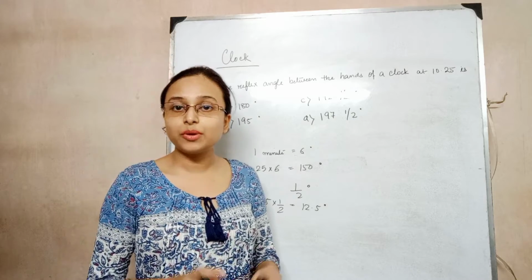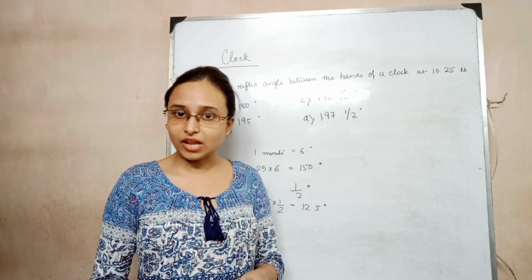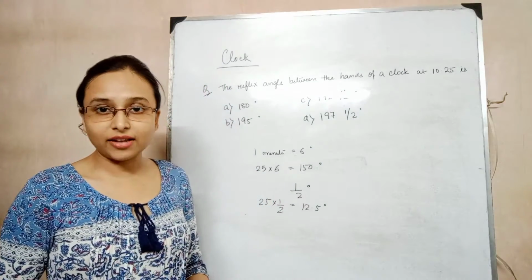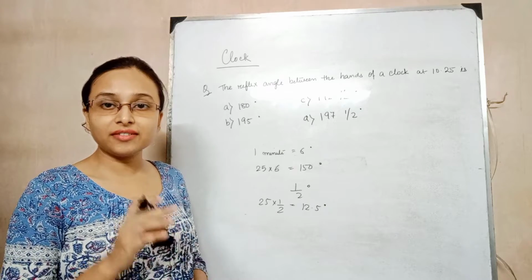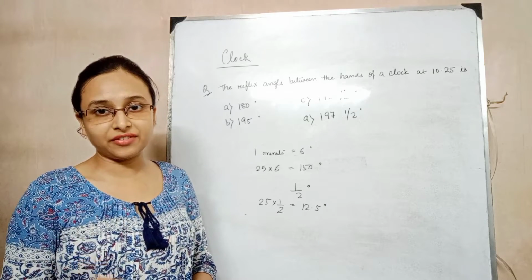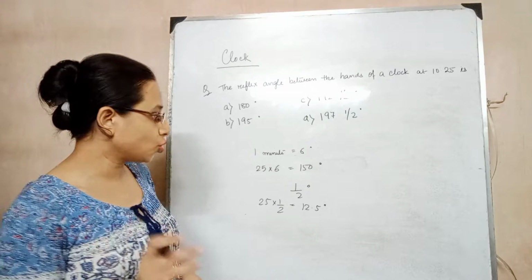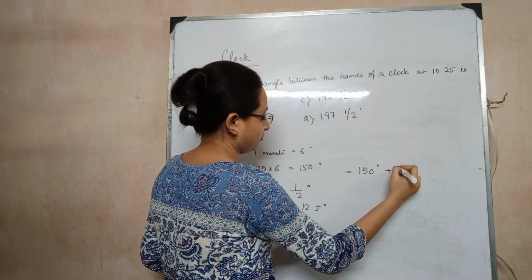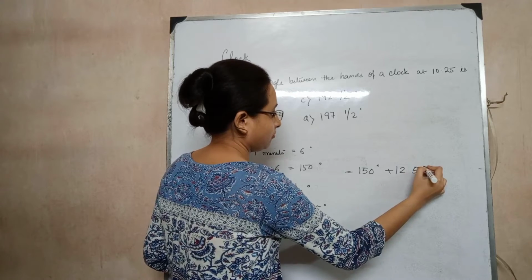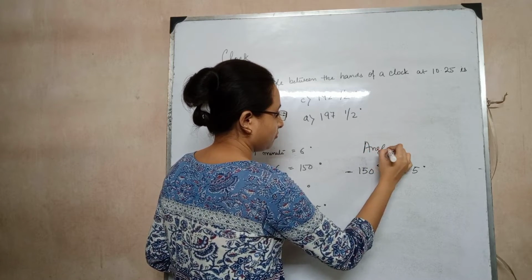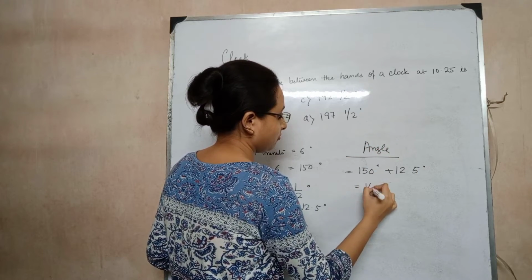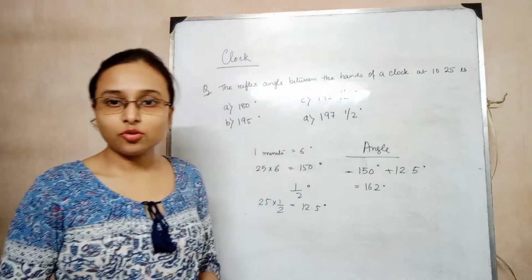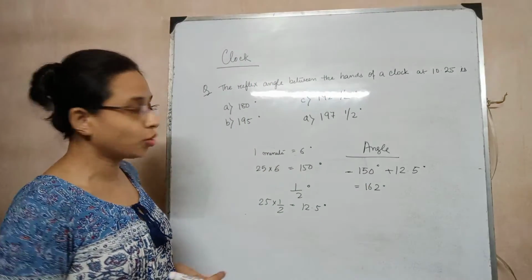The angle between both the hands, now, which I am going to calculate, 150 degrees plus 12.5 degrees, that is 162.5 degrees. So I have got 162.5 degrees.